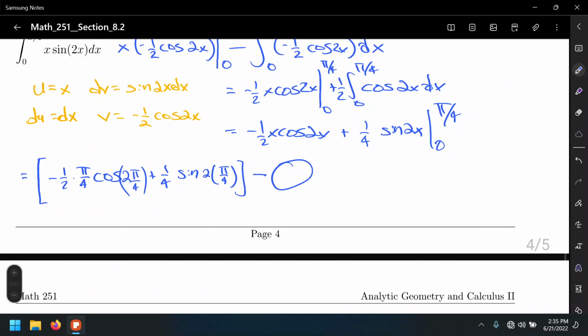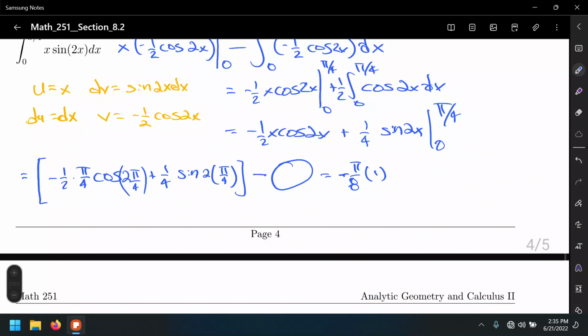Okay, so let's simplify this one right here. Pi over 4 times negative 1/2, so that's a negative pi over 8. And cosine of 2 pi over 4. But 2 pi over 4 is pi over 2. What's cosine of pi over 2? That's 0. And 1/4 sine of 2 pi over 4, which is pi over 2.